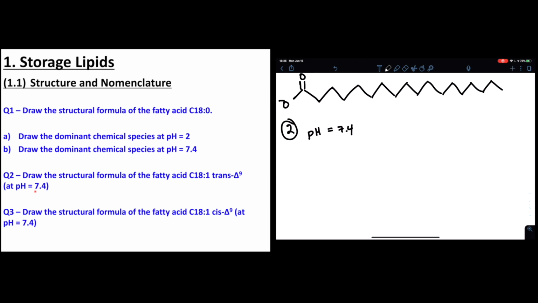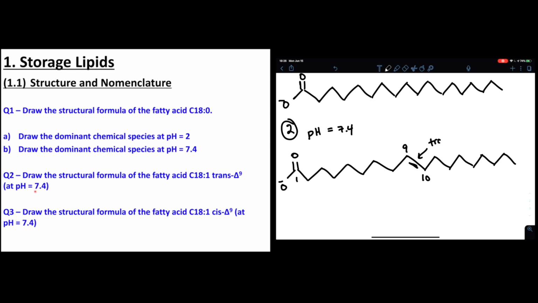So this is going to be carbon 1, 2, 3, 4, 5, 6, 7, 8, 9, 10, 11, 12, 13, 14, 15, 16, 17, 18. So this is carbon 1 again. 2, 3, 4, 5, 6, 7, 8, 9. So this is 9, this is 10. So the double bond is going to happen here.